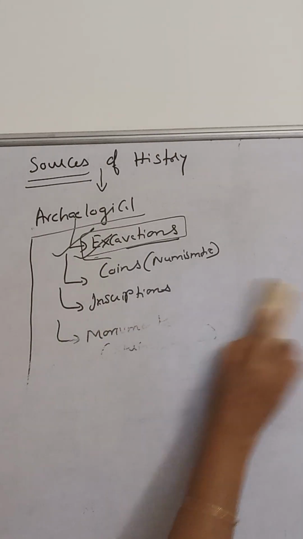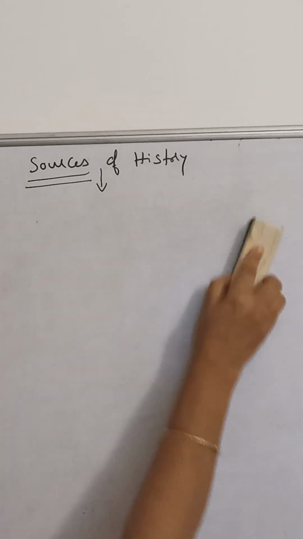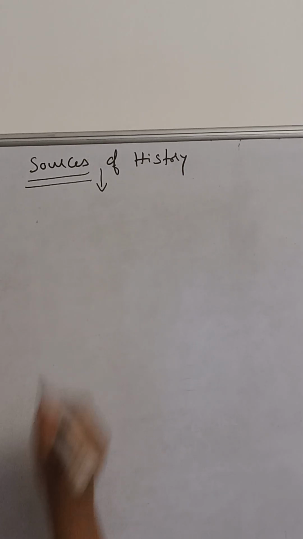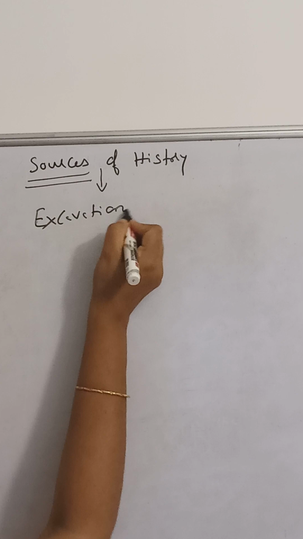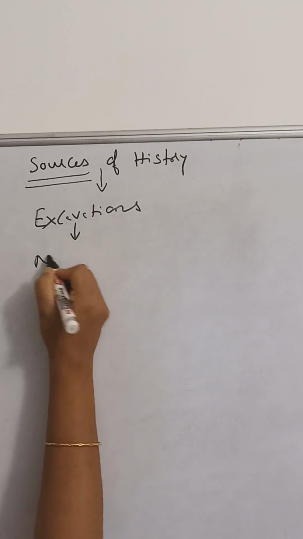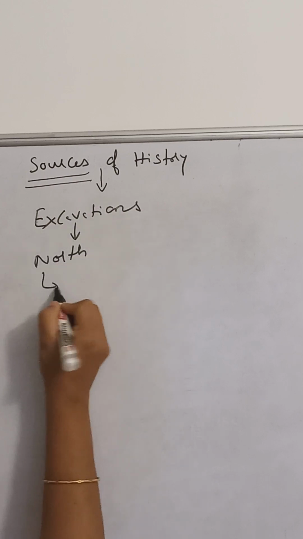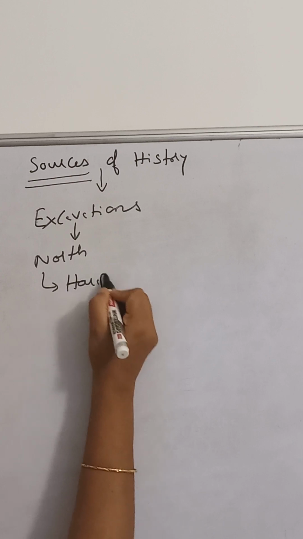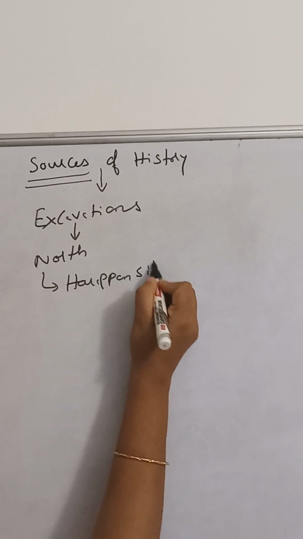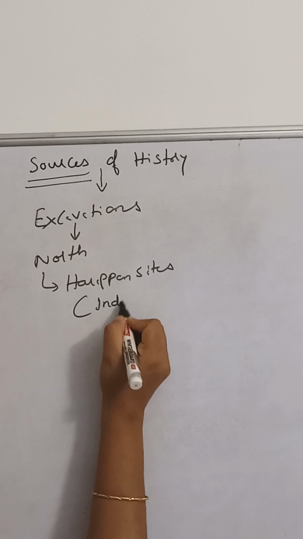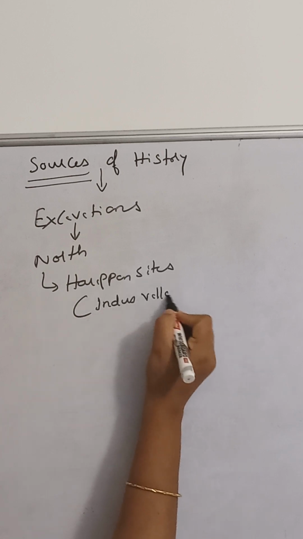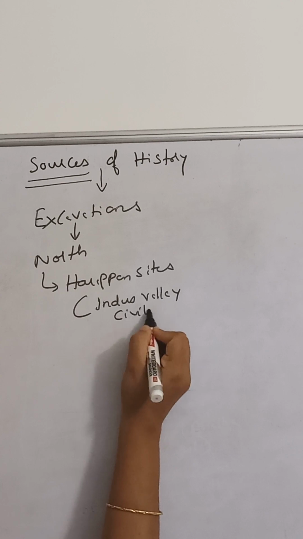When we talk about excavations, where were they done? They were done almost everywhere, but in the north, it was done in all Harappan sites, and we came to know a lot more about the Indus Valley civilization.